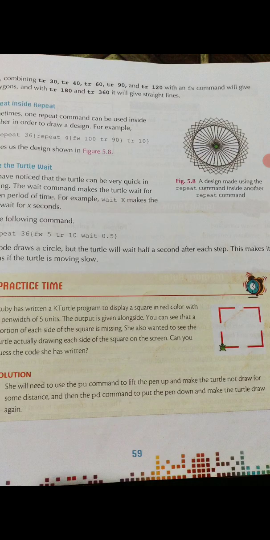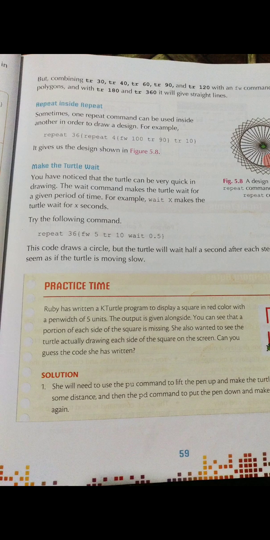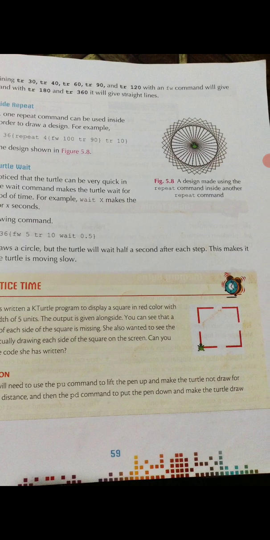Forward means the turtle has to move forward 100, and then it has to turn right at 90. Then again it will turn right 10. Clear? It gives us the design shown in figure 5.8. Here in 5.8 the design has been shown to you. This much is clear?